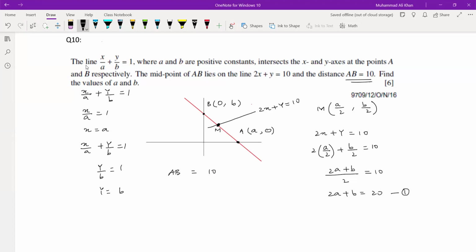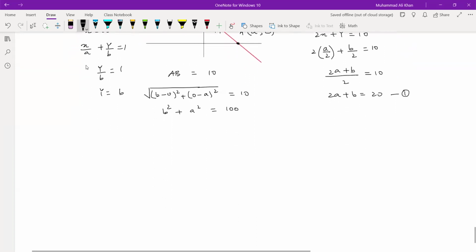A और B का डिस्टेंस equals square root of (y2 minus y1, B minus 0) whole square plus (x2 minus x1, 0 minus A) whole square equals 10. Squaring both sides, B squared plus A squared equals 100. Yes or no? That's great. So this is another equation.